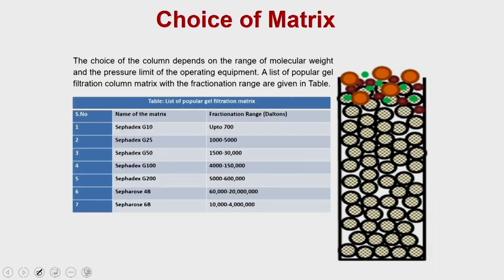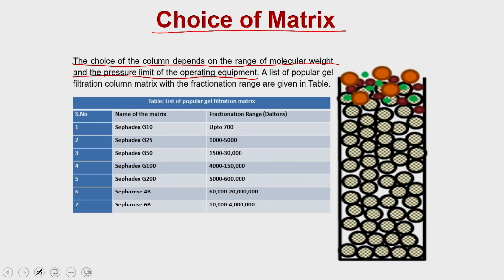Now, let us see what metrics you can use for gel filtration. The choice of column depends on the range of molecular weight and the pressure limit of the operating equipment. If you remember, when we were discussing the protein purification system, we discussed the different types of pumps: low pressure pumps, middle pressure pumps, and high pressure pumps.